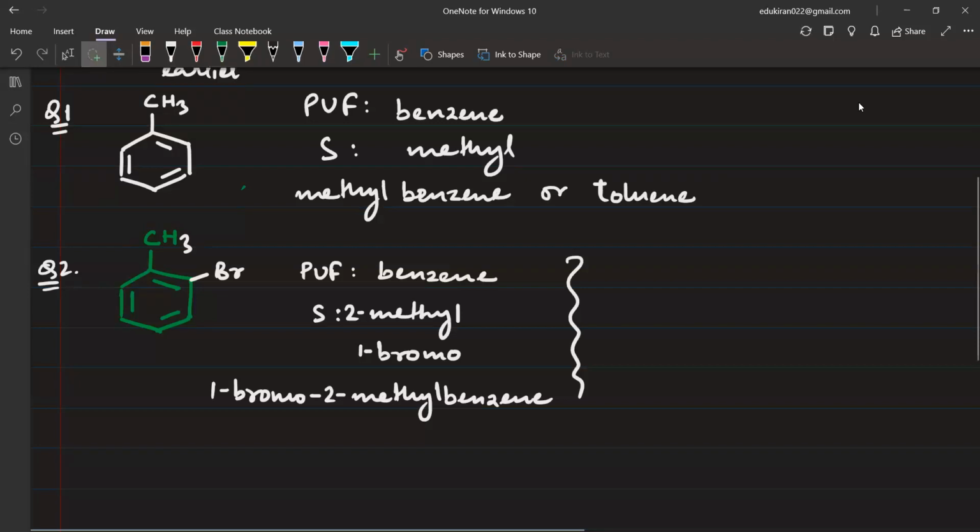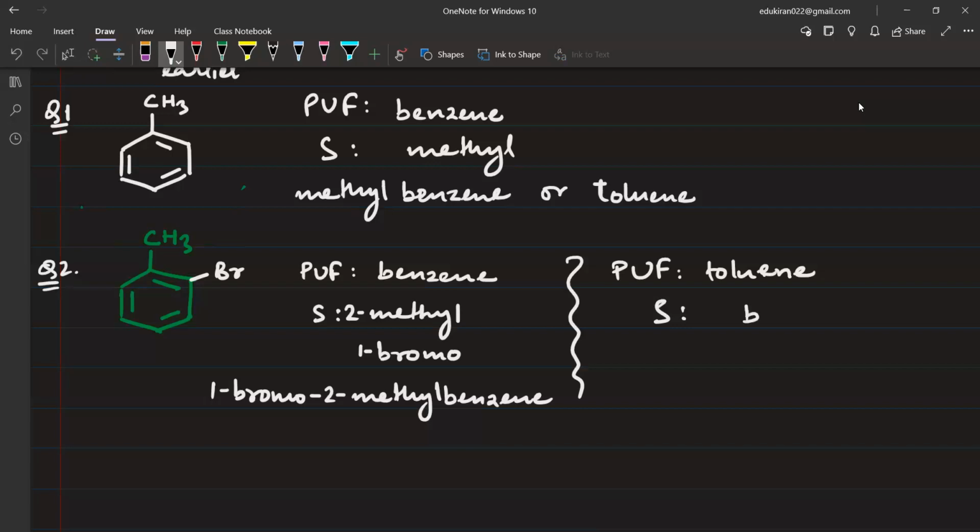So the parent will become toluene. And then the substituent: we have only the bromine substituent left, so we'll write bromo. Now, when I talk about numbering, toluene has methyl on the first carbon atom. Whenever we are choosing a base name which already has a particular substituent attached, that substituent gets number 1 and the bromo will get number 2. So this will be 2-bromotoluene.